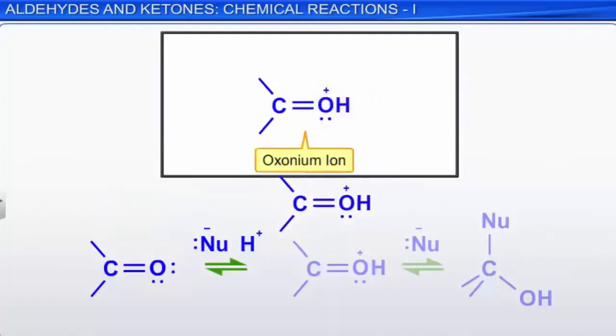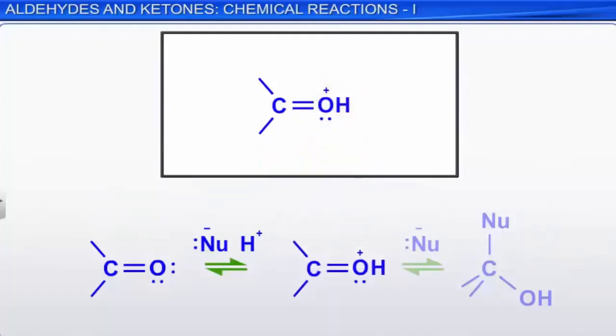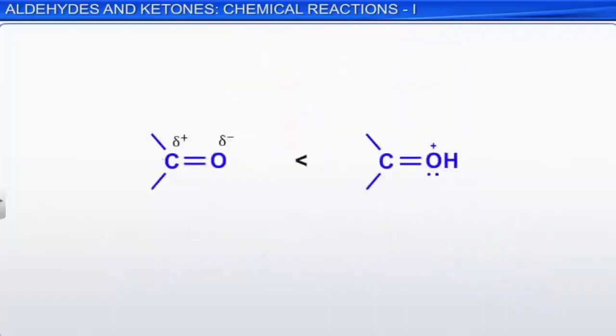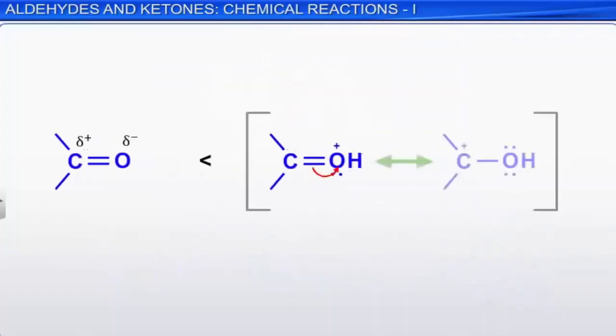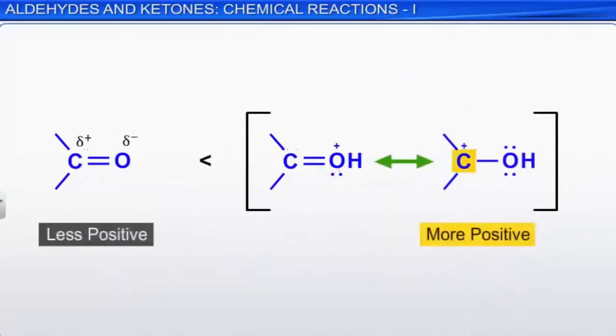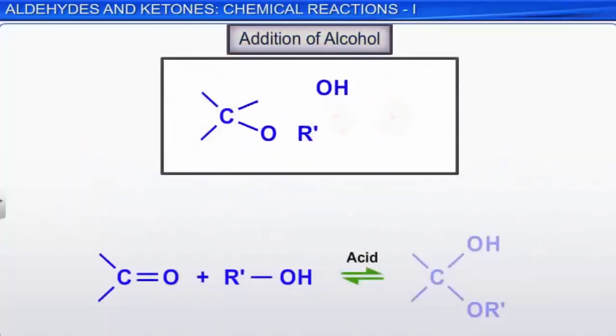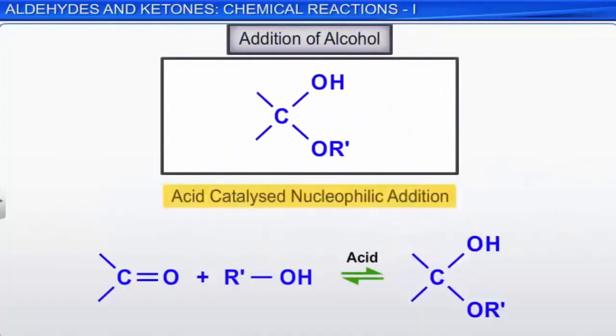The oxonium ion is highly reactive towards nucleophilic attack at the carbonyl carbon atom. This is because the carbonyl carbon atom carries more positive charge than it does in the unprotonated compound. The addition of alcohol to the carbonyl group is an example of acid-catalyzed nucleophilic addition.